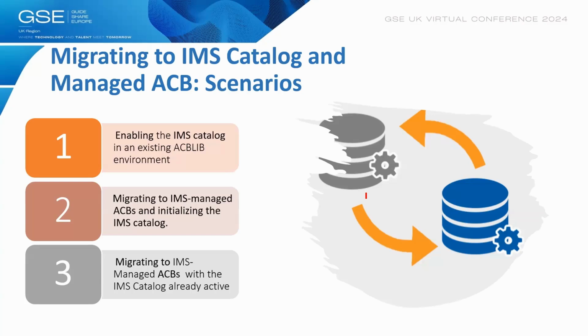However, if you are running multiple ACB libs for multiple IMSs, then you also need to set up multiple catalogs, one for each IMS, because if you are sharing a catalog between multiple IMSs, then you also need to share the IMS directory. So we need to keep all these other factors in consideration.